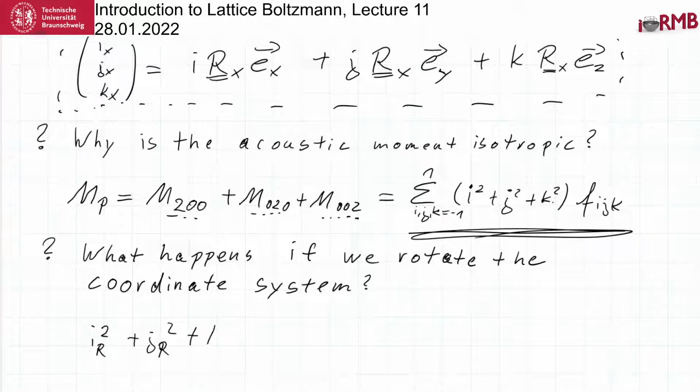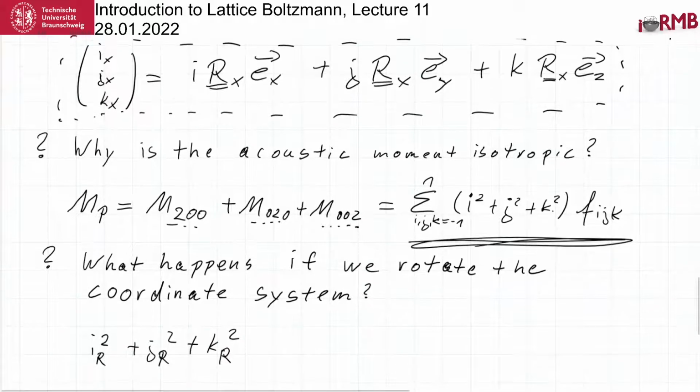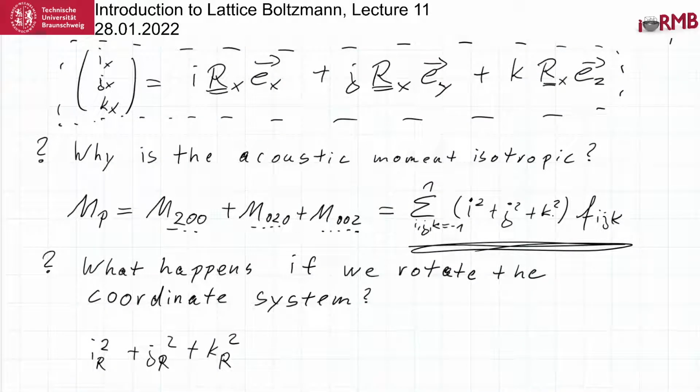These are the rotated quantum numbers. They are computed by rotating I and then taking the square of this, rotating J, and getting the square of this. And what we find out, if we actually do this and simplify everything, is that this is exactly I square plus J square plus K square.